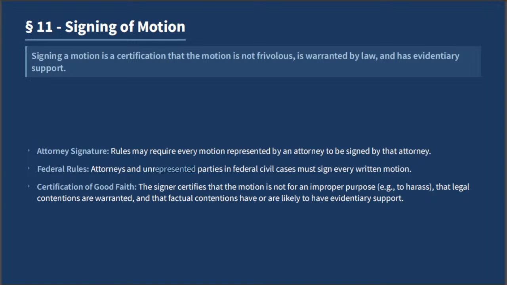Attorneys and unrepresented parties in federal civil cases must sign every written motion. Certification of good faith. The signer certifies that the motion is not for an improper purpose, example given to harass, that legal contentions are warranted, and that factual contentions have or are likely to have evidentiary support. So, the factual contentions have or are likely to have evidence supporting them.